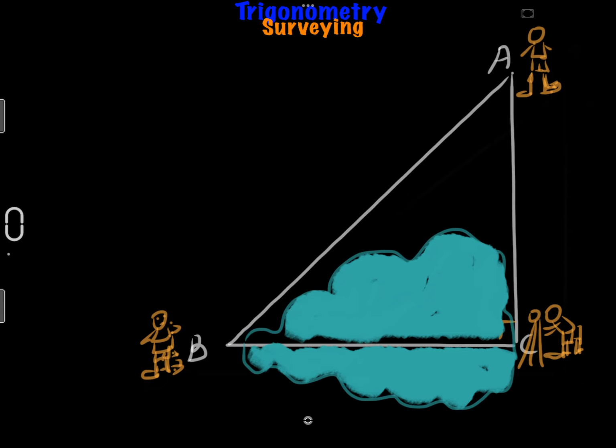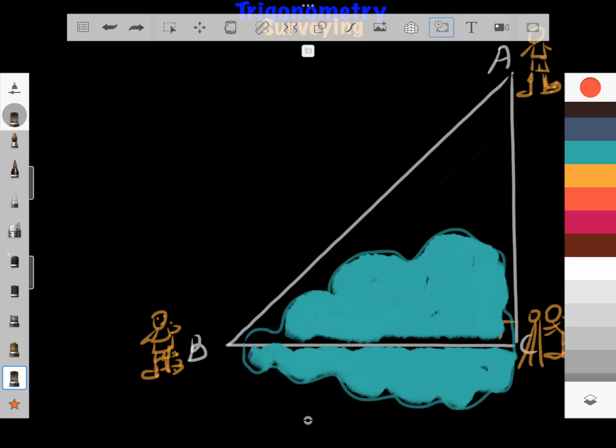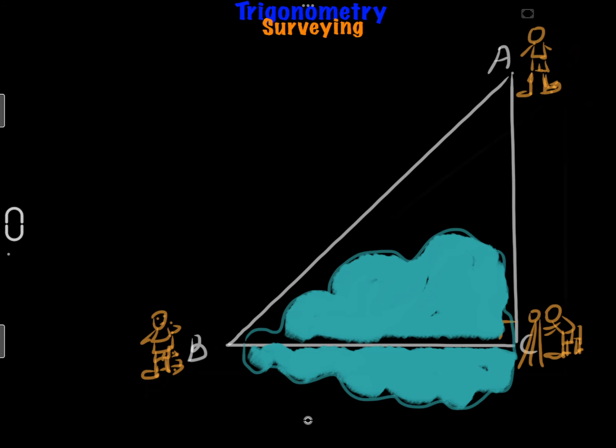Oh, sorry, I'm going to have to use a pen for this. So we have the distance from A to side B. We are told that it is 200 meters. So essentially this is what is happening.